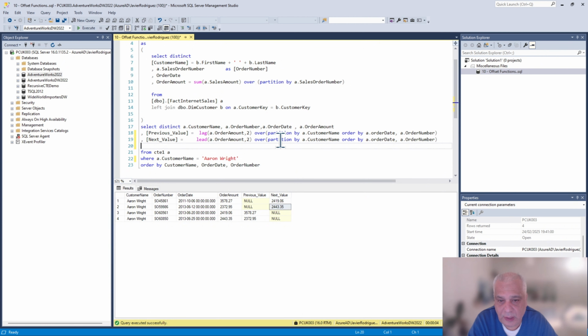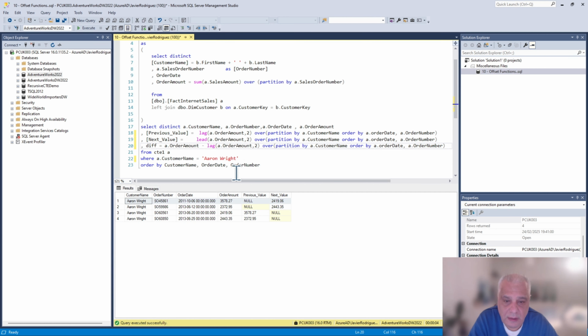If I would like to compare the current order, how is the increase in terms of ordering, we can create something like this, calculate diff equals the current order amount minus, we need to remember these functions are scalar functions, so they return numbers.